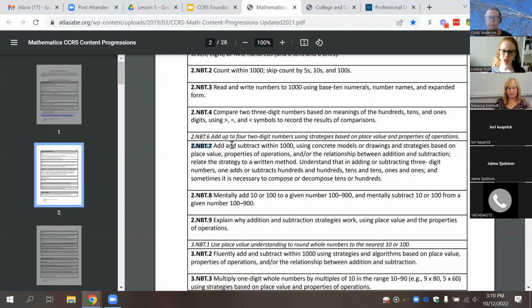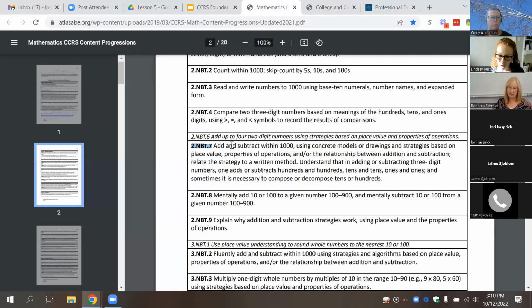If I have to choose, one of the ways that I can help myself make a choice is looking for models, major works of the level, the bolded standards in the content progressions document. The italicized standards are called supporting standards. They're important. We can certainly teach them. They're just identified as supporting. So one of the ways to help me focus my teaching: models.